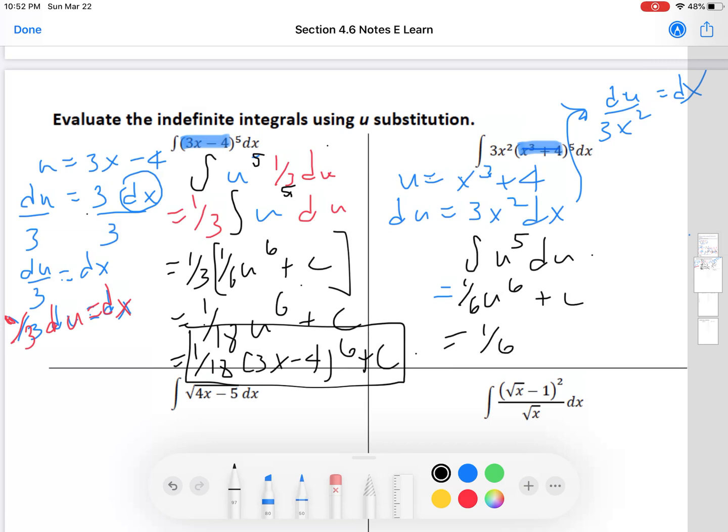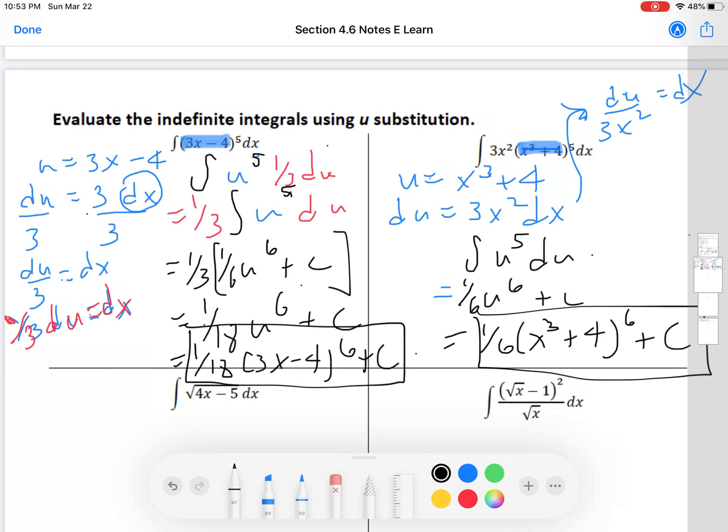And I get 1/6 times x cubed plus 4 to the 6th power plus c. So something that looked like it was going to be maybe a reverse product rule really didn't turn out to be all that bad. And this gets us a completely integrated integral with the U-substitution.